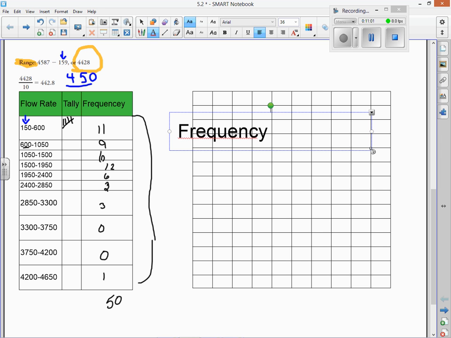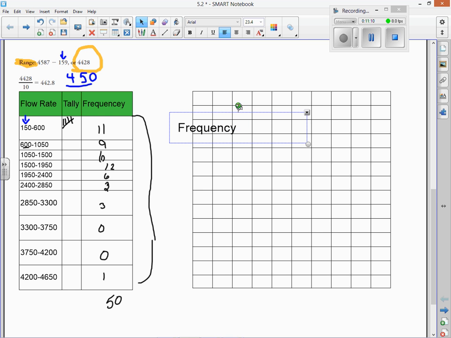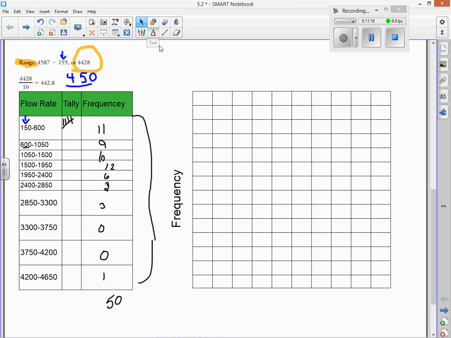So frequency, take that and move it here. And our bins are going to go down here. And just to save time, I'll write those in.